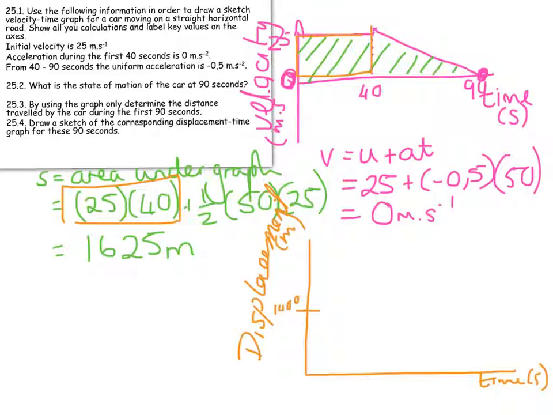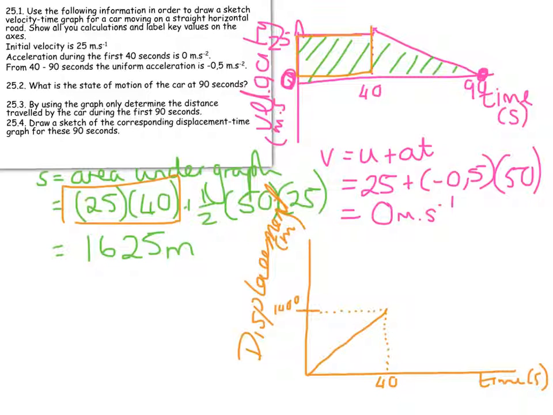And that would have been after 40 seconds, traveling at a constant velocity. So on a displacement time graph, constant velocity is represented using a straight line. So that, as you can see quite clearly, is a very straight line.